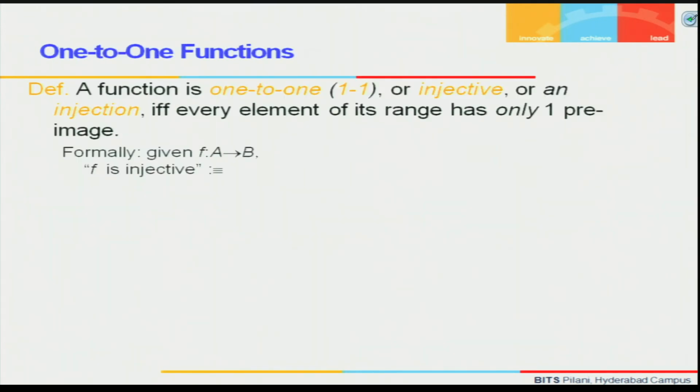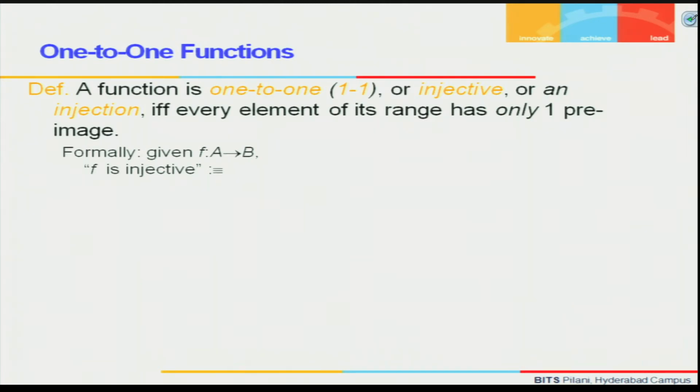And we define a function f to be 1 to 1 if and only if every element of the range has only one pre-image.